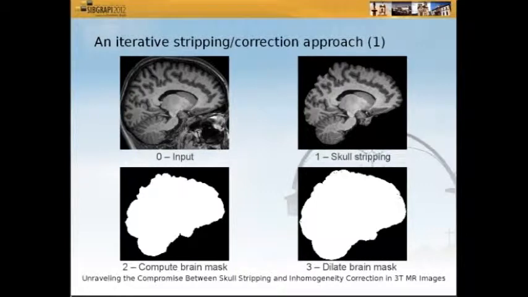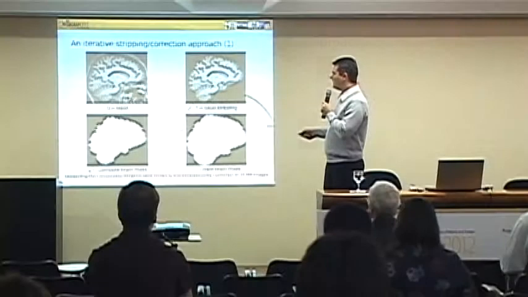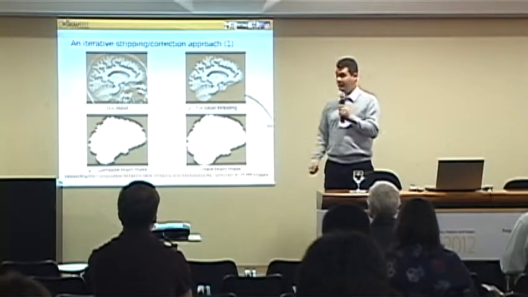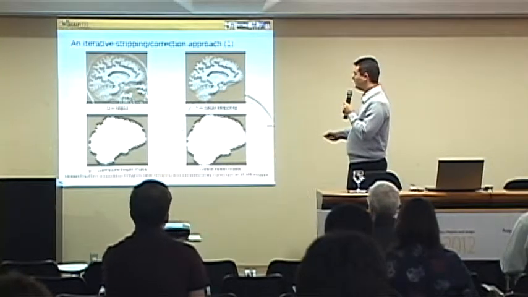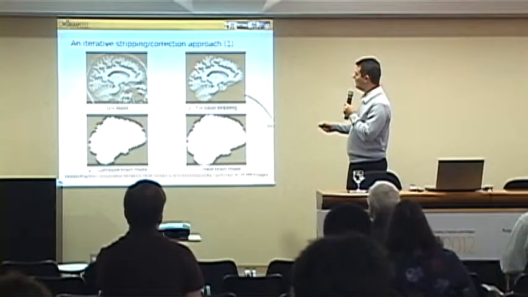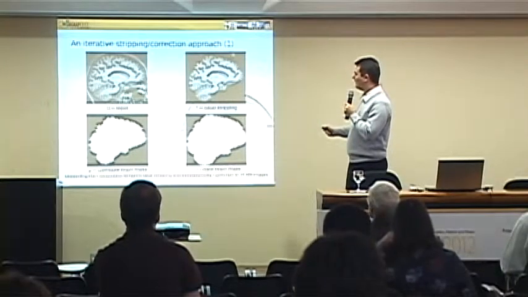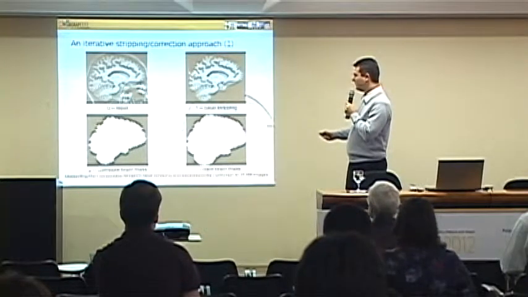It's good not to be complicated, right? We want a very simple methodology to solve the problems. First we have the input image, and we made a skull stripping. We apply a skull stripping method here, and we got the brain with wrong boundaries, especially in the cortex region and here in the back of the cerebellum.